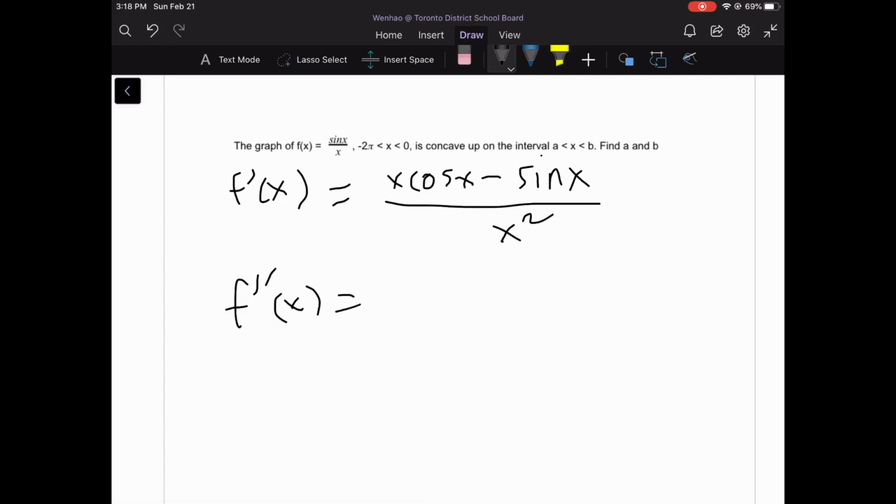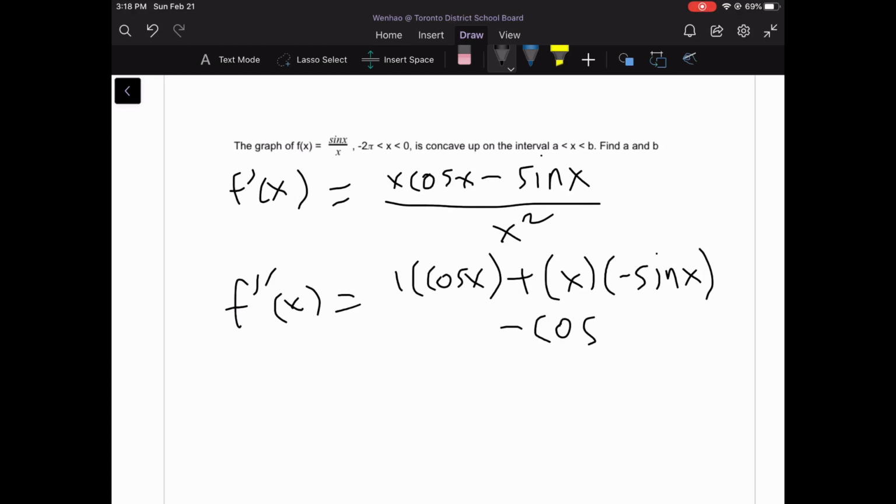alright, derivative of the top is x cos x plus x negative sine x, and then minus cos x, derivative of sine is cos. Oh, sorry.